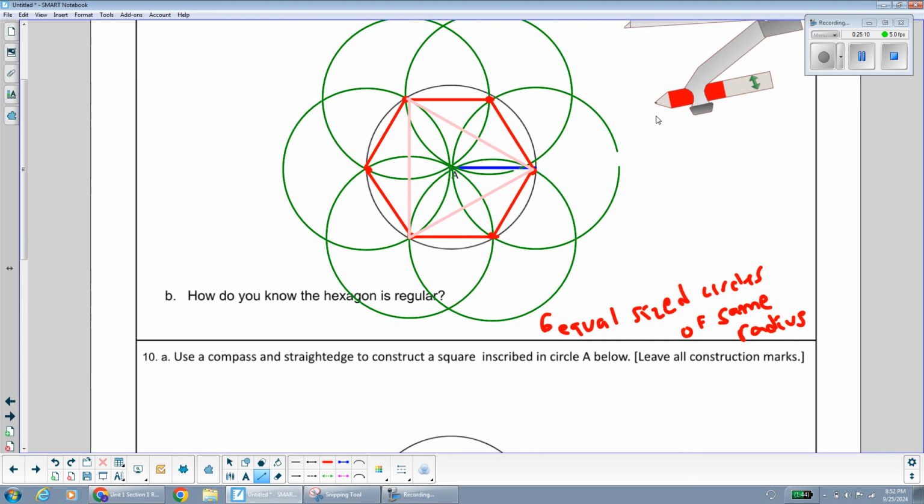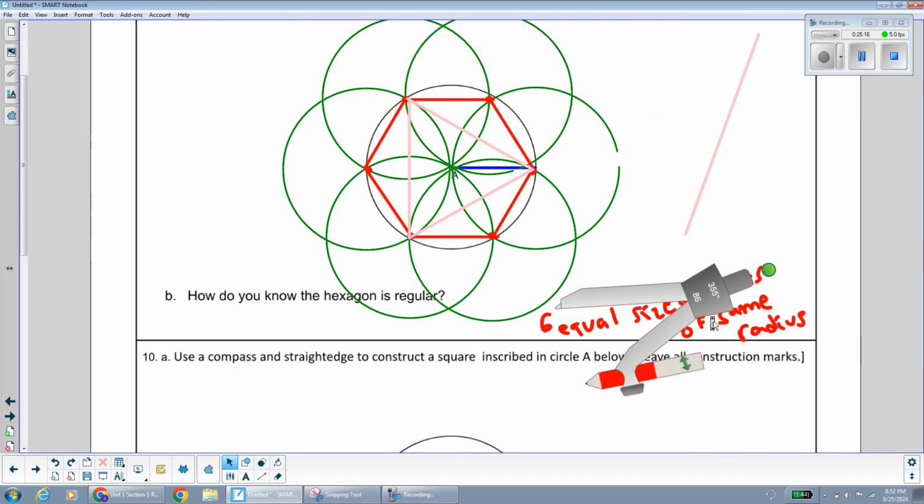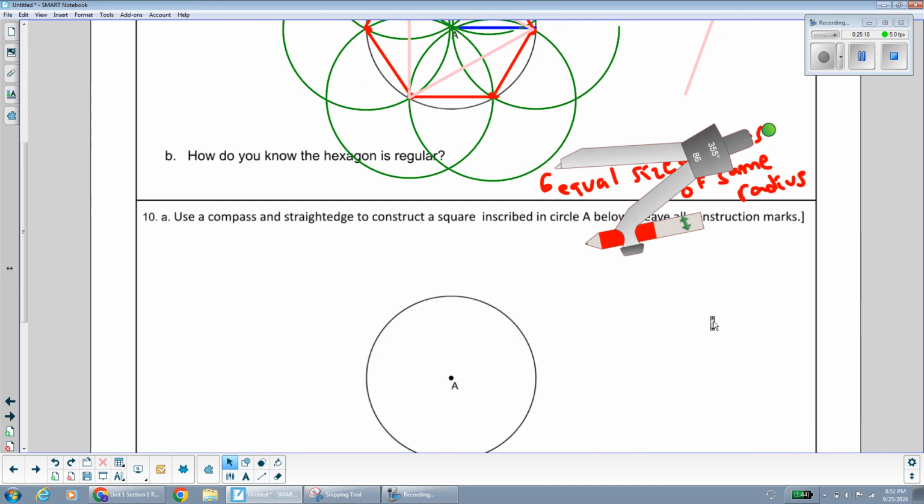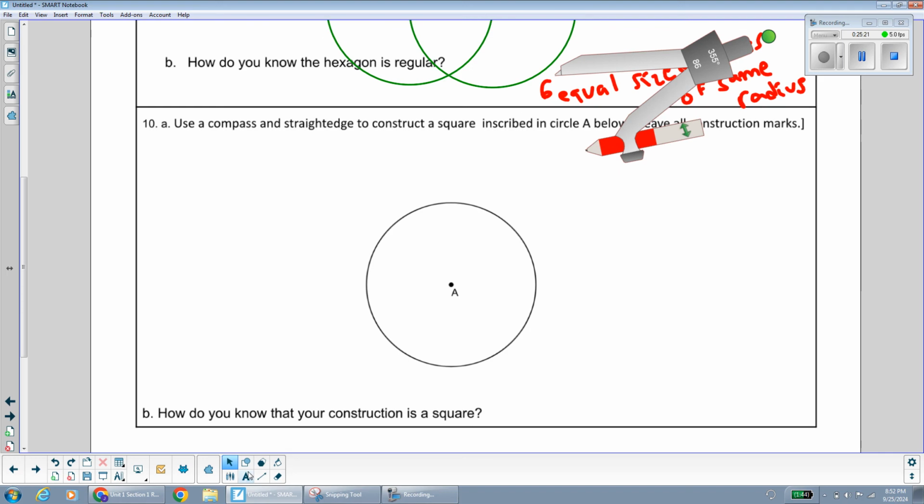Let me bring my compass down. We're constructing a square inscribed in the circle. I'm trying to make a diameter, but I'm not doing a good job.